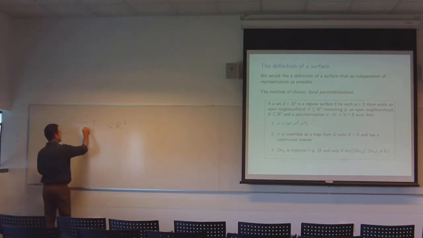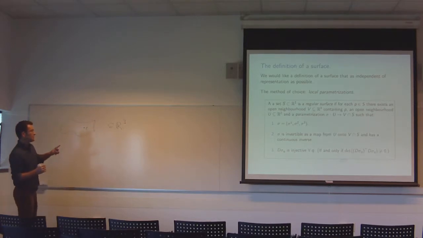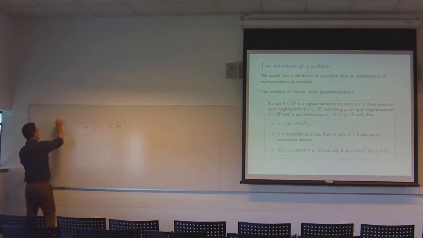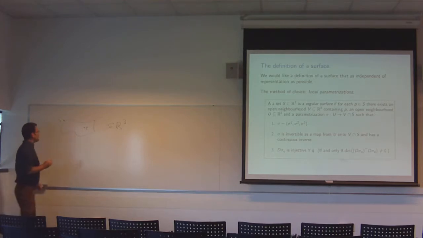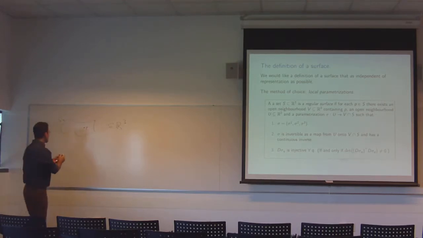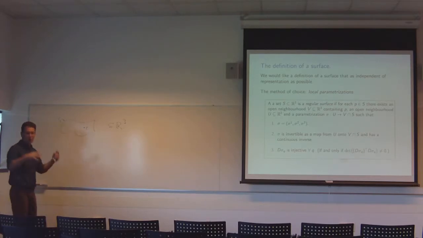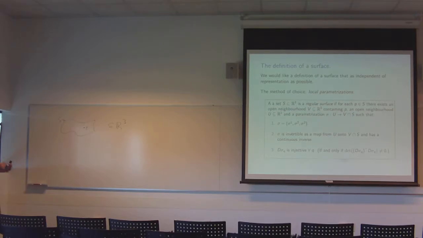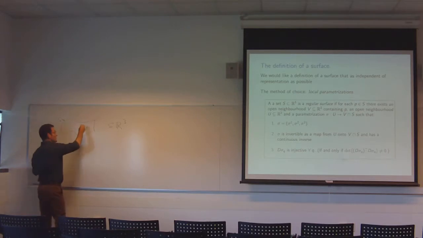So what this means is for every choice of point on the surface, this is the surface S right here, for every choice of point P on the surface, you can find an open neighborhood, so an open ball, let's say an open set. Turns out open sets are very important in this. We won't have to worry about why. But in any case, you can find an open set of R3, so some sort of large open set in R3.